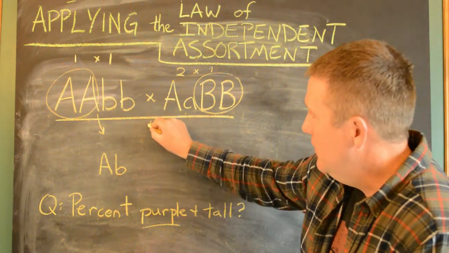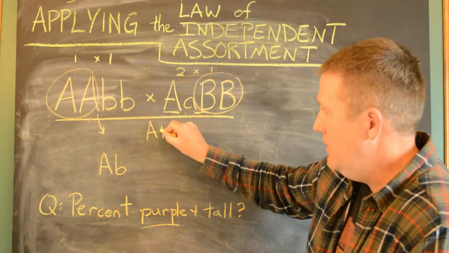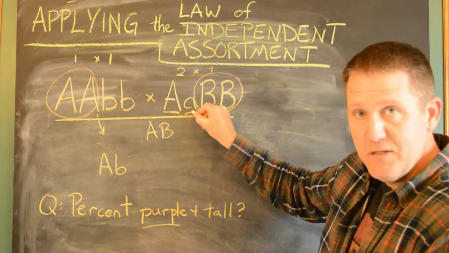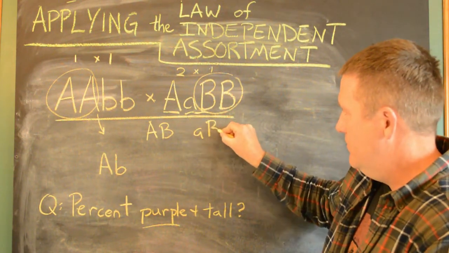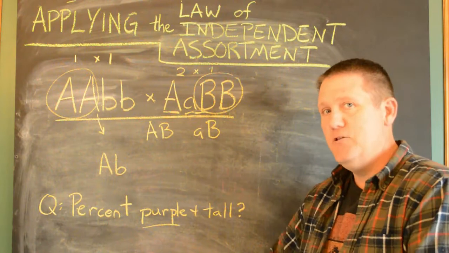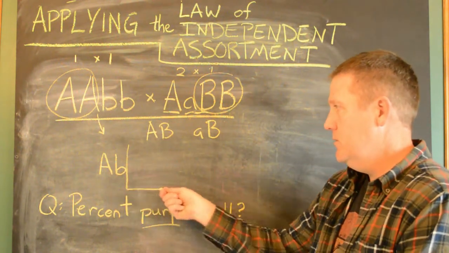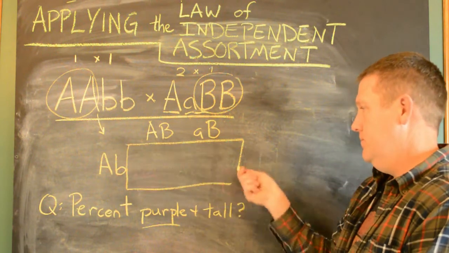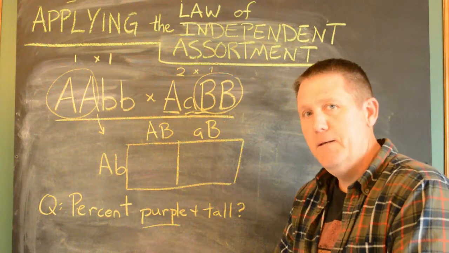So for that one, I get the dominant A and a dominant B, or the recessive A and a dominant B. That's it. That's the only unique alleles that each of them could produce. There's my Punnett square, the whole thing.